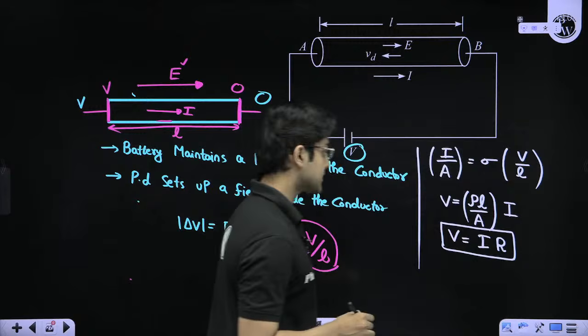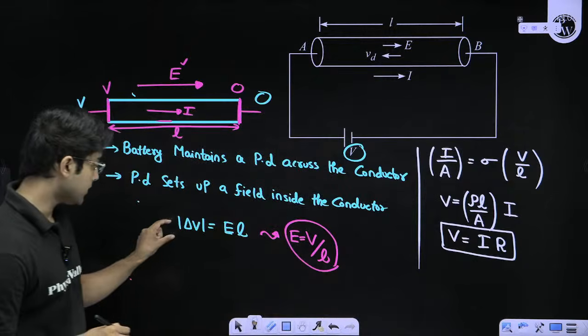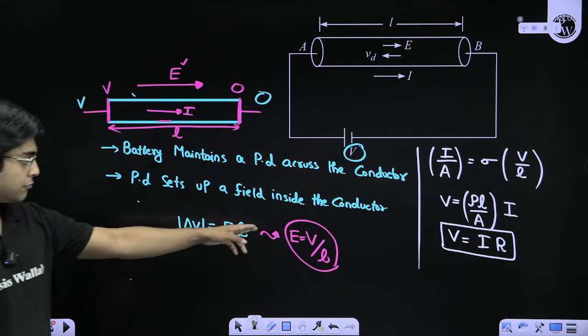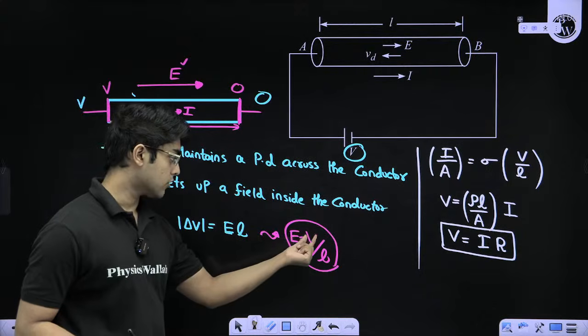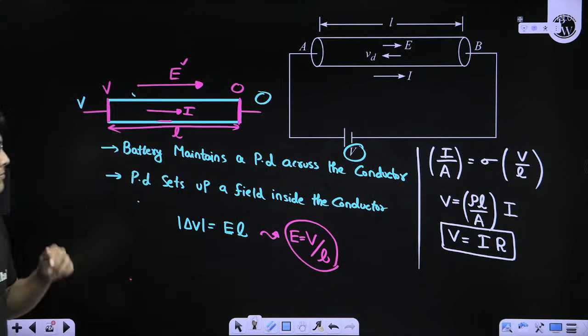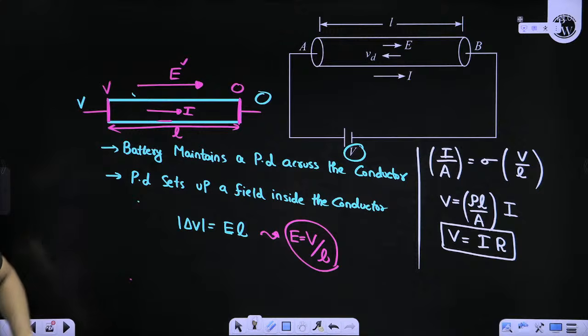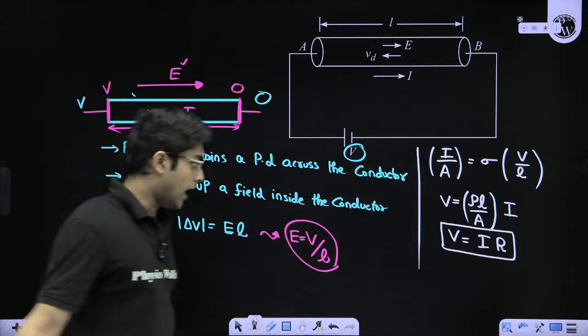So the extra thing here was we determined the electric field inside the conductor in terms of the potential difference. After that, we were able to derive V equal to IR. So R is a quantity.